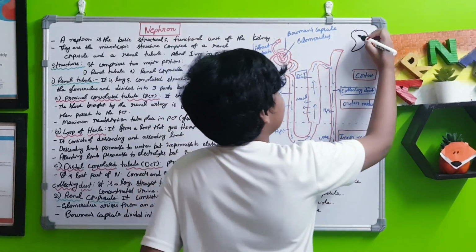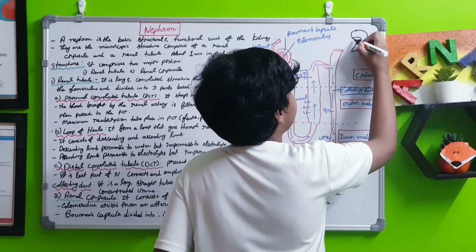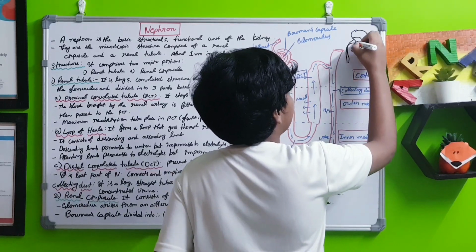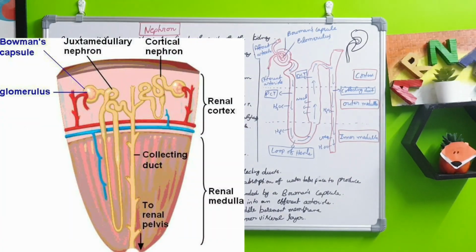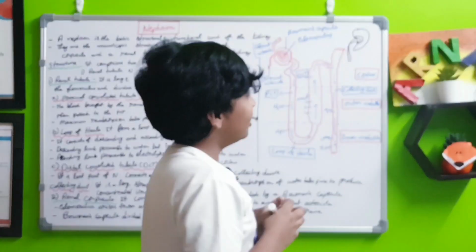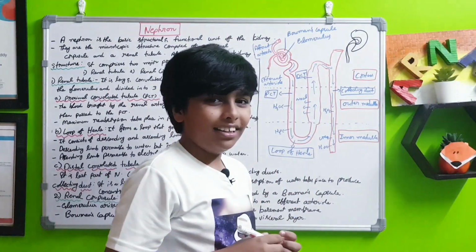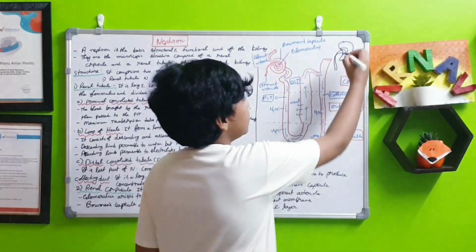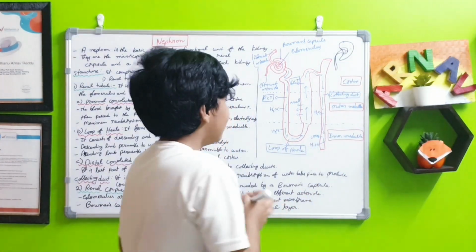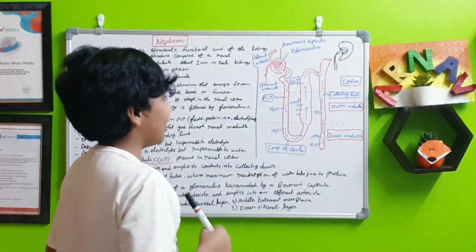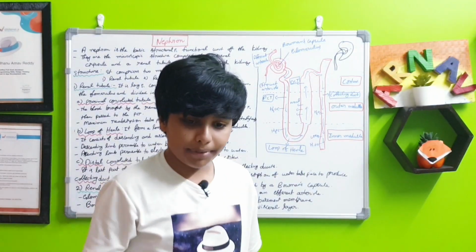First here is the cortex, where the ureters from outside come and take the urine. It kind of looks like a bean, but it's not actually a bean. This part is the cortex, while this is the medulla. In the medulla there are again the inner medulla and the outer medulla.